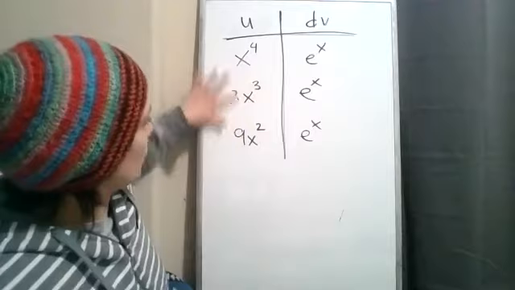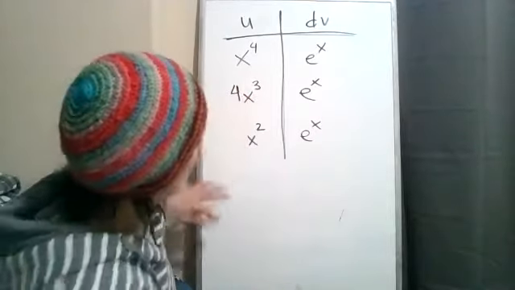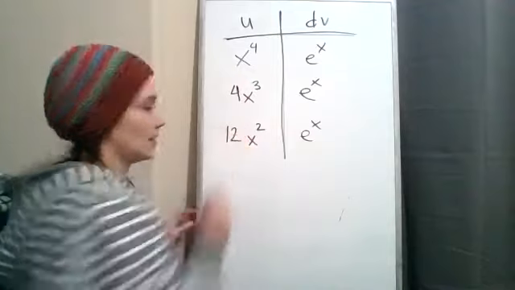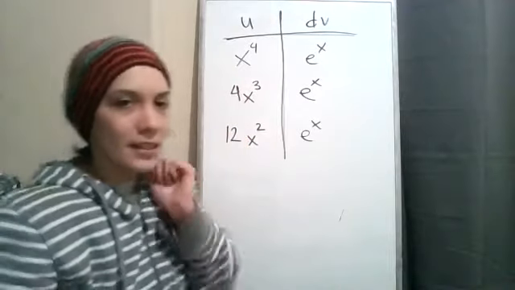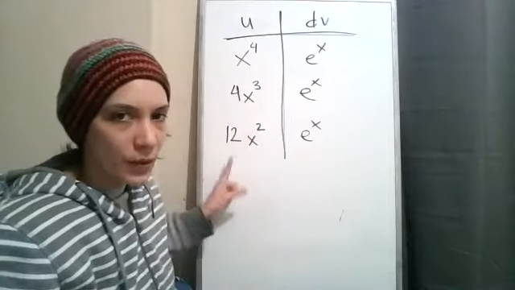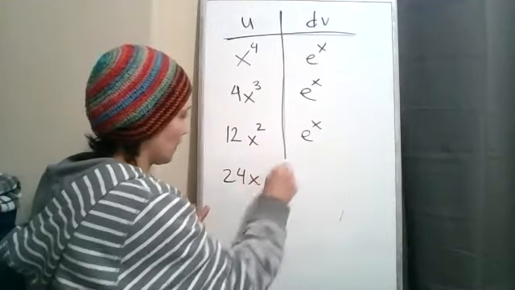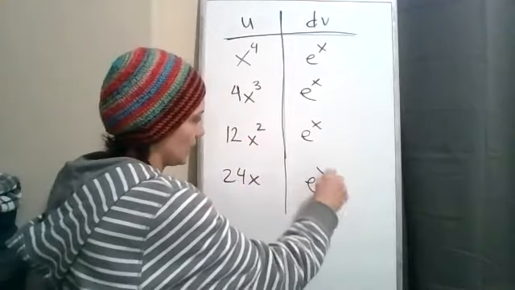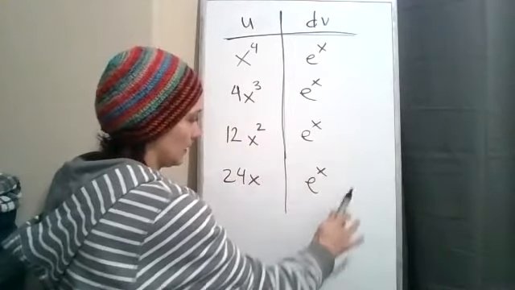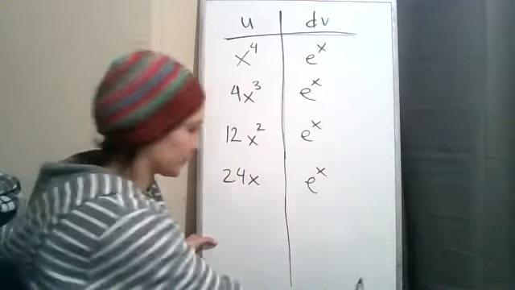That would be a 4. That's going to be a 12. Cool, that's better. And next one, 24 times x. This integral is e to the x. You keep going till you get to 0.